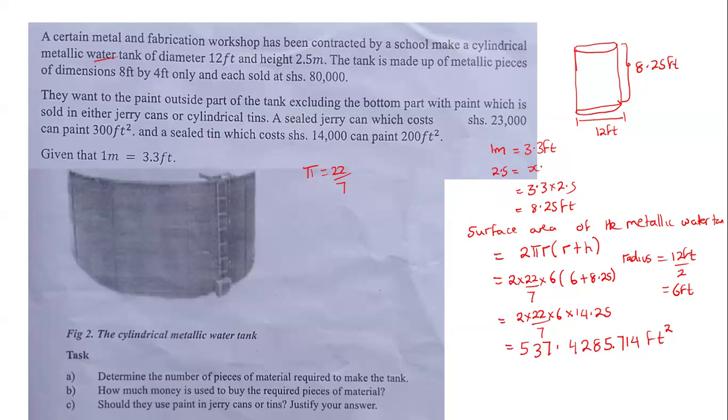Yet the value that came after 5 was a 7, meaning that he could have rounded off up to 4286. So this one can lose a mark for the accuracy level. Hunter, okay, now this is what we are getting for the surface area of the metallic water tank.